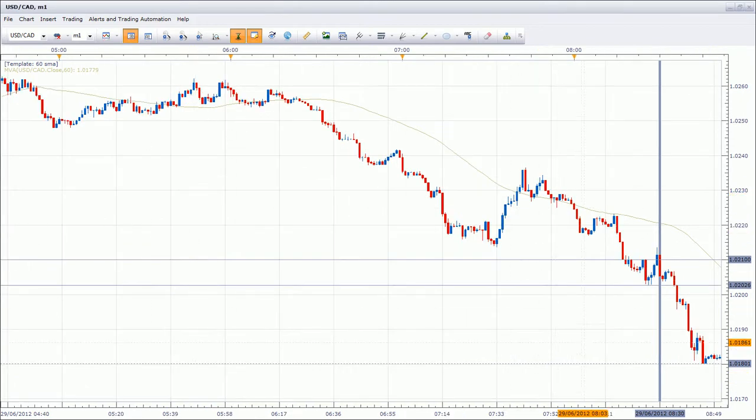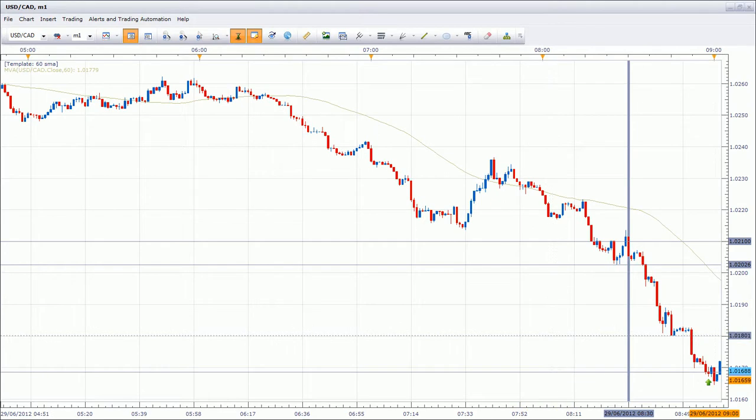So now this is my entry, and my target level is at 1.0202, though the 30 pip target would have been 1.0298, but by the time I got into the market and I placed a 30 pip target, the price had moved. So I just used the new price from the time I was actually entering the trade, rather than have a fixed 30 pips.